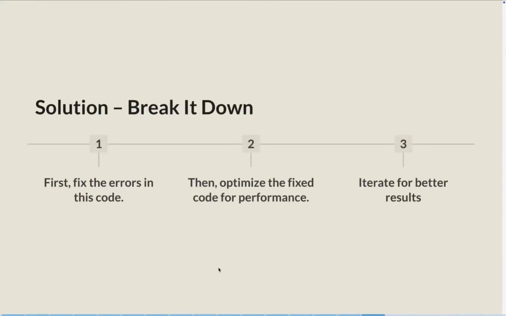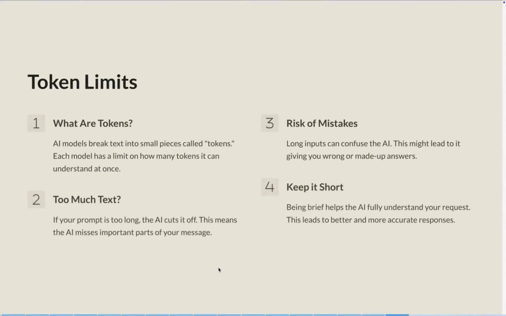Slide 12, Token limits. Remember that every model has token limits. Your input and the model's output together count toward that limit. Too much text and the model cuts off important information. Too little detail, and it won't have enough to work with. The key is to be brief yet clear. Just enough detail for the AI to fully understand your request.